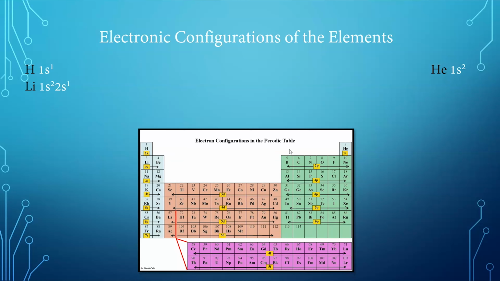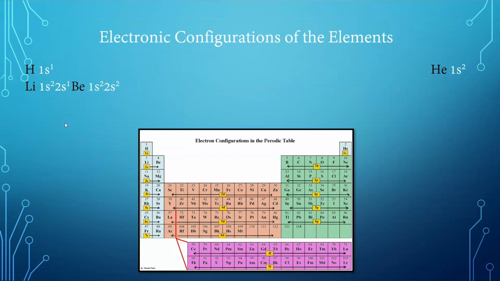We have to go through the 1s subshell and then come back to the 2s. So 2 electrons in the 1s, and that third and final electron is in the 2s subshell. If you think about it, that means that lithium really has 1 electron on the outside because these 2 electrons are on the inside. That's something hydrogen and lithium have in common. They each have 1 electron on the outside.